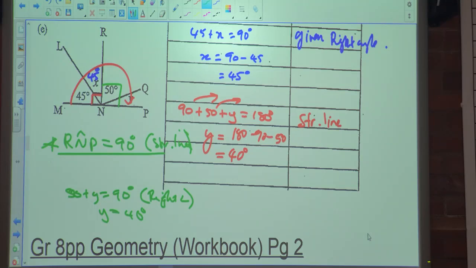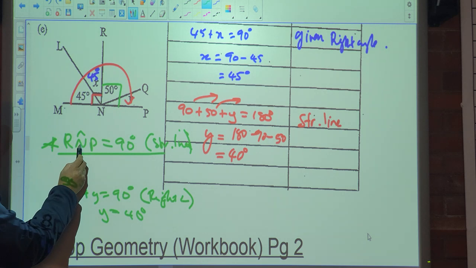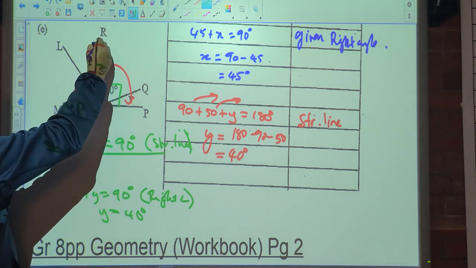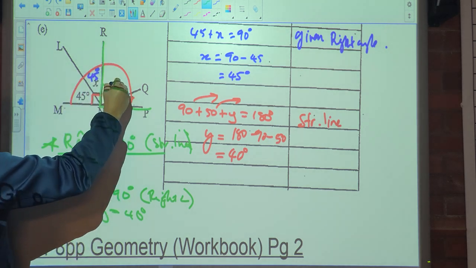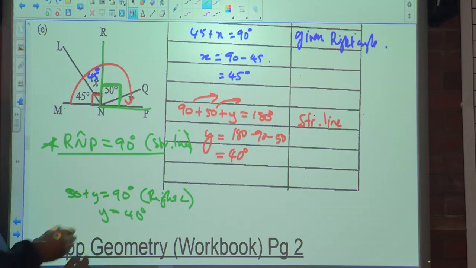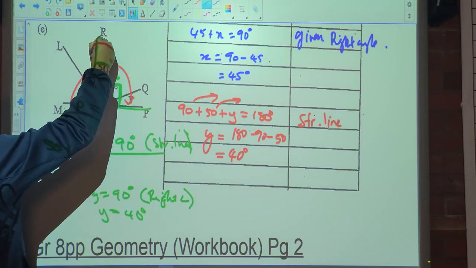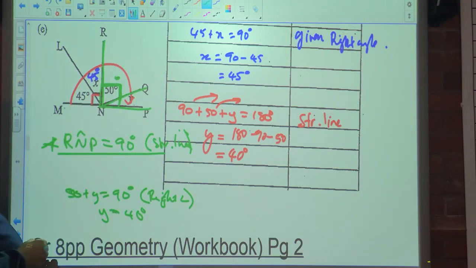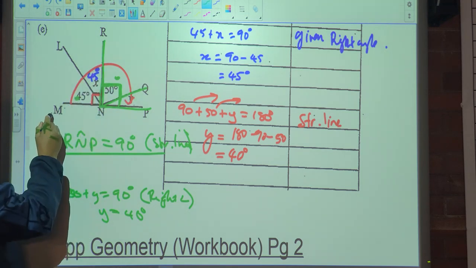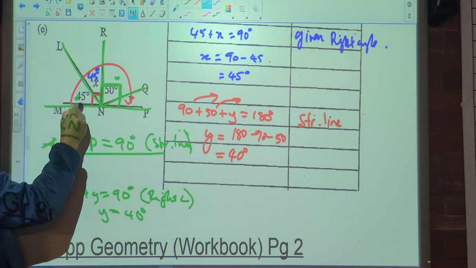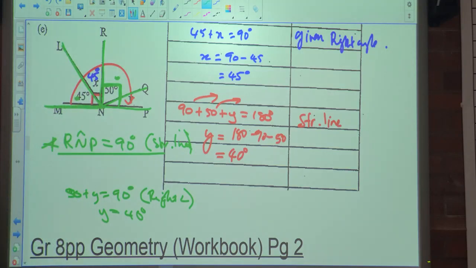So what is RPQ? Angle RPQ. This angle here is 90. If you are referring to this angle here, then it's RQP or QPR. If you refer to this angle here, it's MLP or LPM. You understand? Yes, Michael.